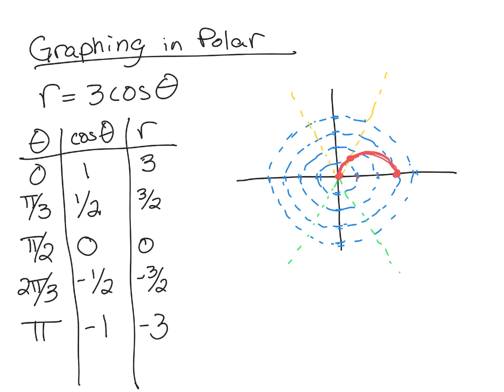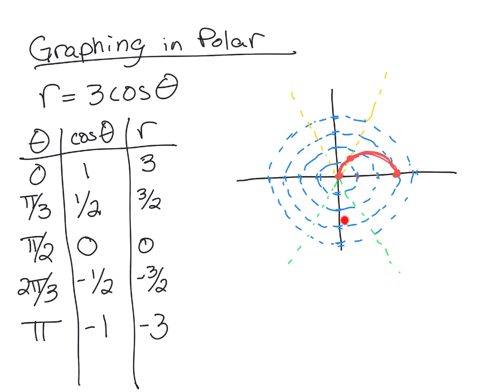Now from pi over 2 to 2 pi over 3 in this wedge right here, I'm going from the origin to a negative radius, which means in this wedge, all of my values are negative, which puts me in this wedge for my points.